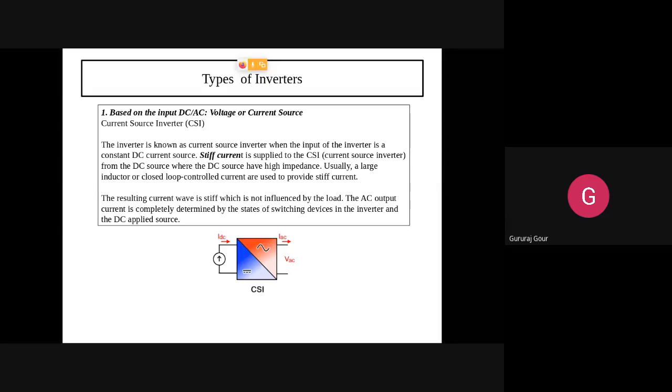Okay, I will repeat once again. For the voltage source, we will be having very small inherent impedance, and for the current source, we will be having a very high inherent impedance.